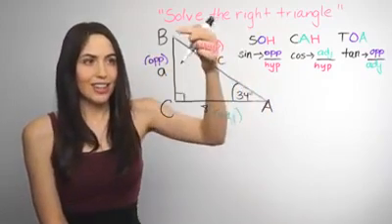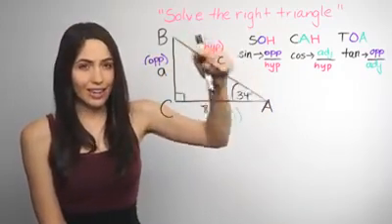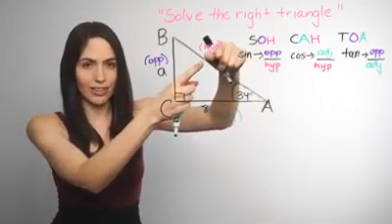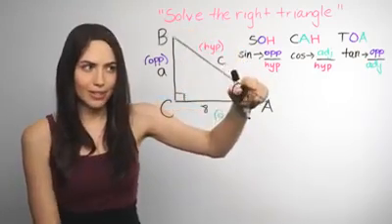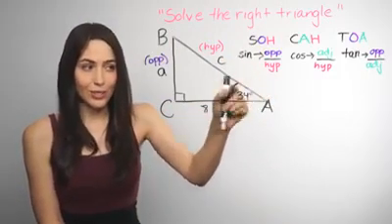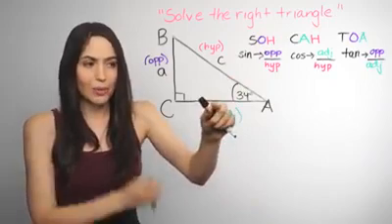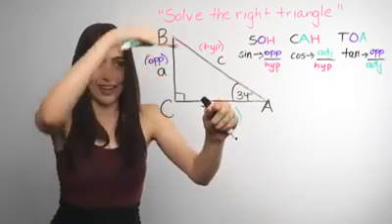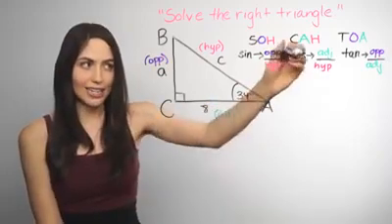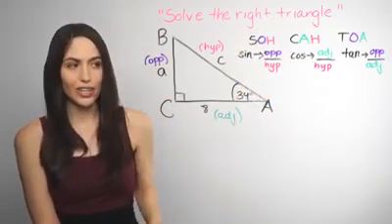The longest side is always the hypotenuse, the one that's straight across from the right angle, the 90-degree angle. And then the other side that's next to our angle, but is not opposite and is not the longest side, is the adjacent side, ADJ or A in our trick.